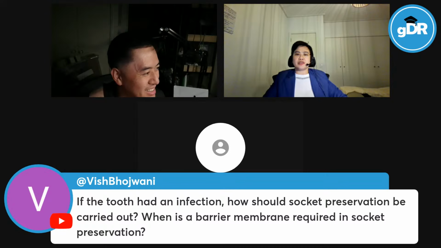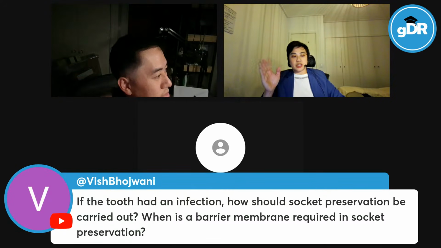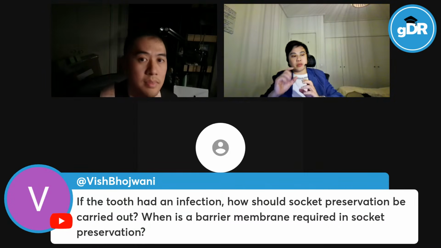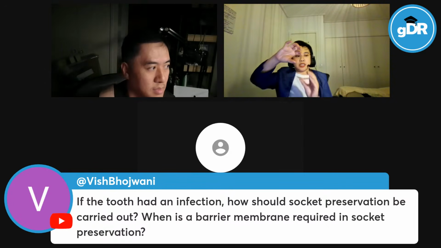Basically, if it's an infection, either don't put anything in, or put ethos in. And a barrier membrane is required when there's a dehiscence, like a bony dehiscence, or when the bone is really thin. Or if you take a CBCT at the time of extraction, before you remove the tooth, you can actually predetermine whether the bone volume is going to match your prosthetic planning.